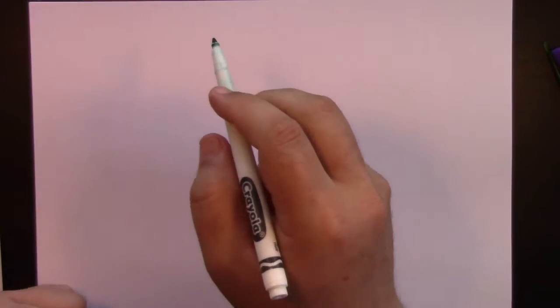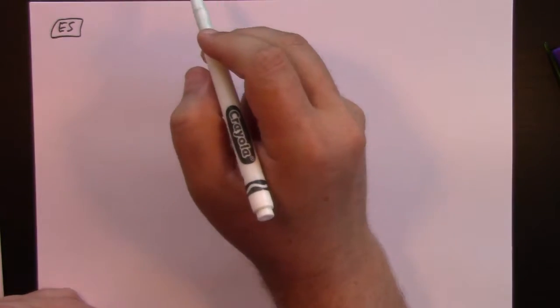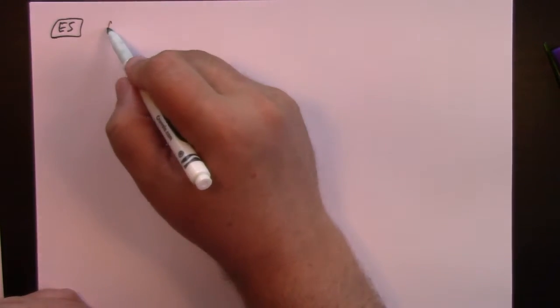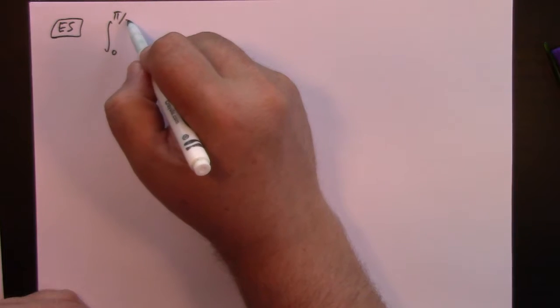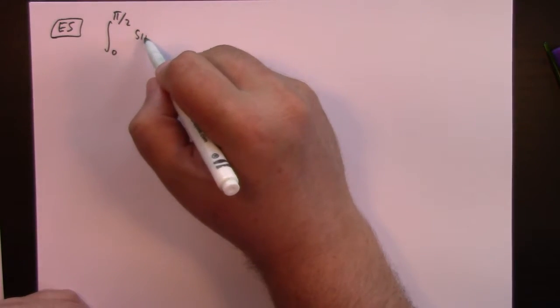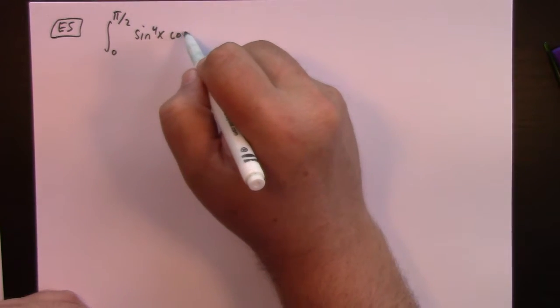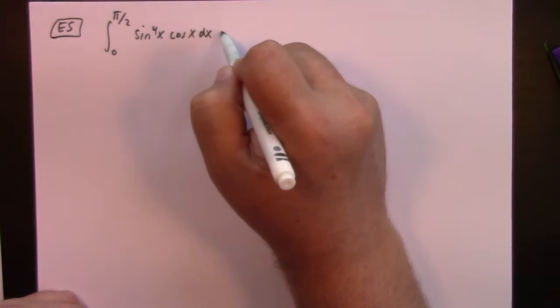Let's see here. Another example we can look at. Example 5. Suppose we're looking at the integral from 0 to pi over 2 of the 4th power of sine x times cosine x dx.